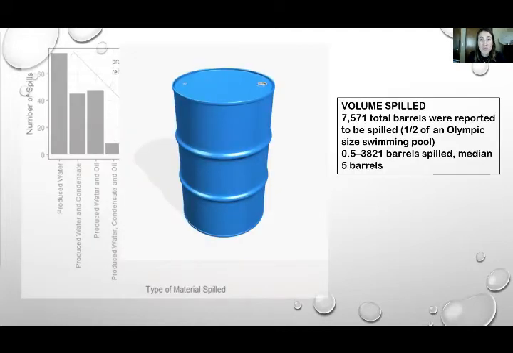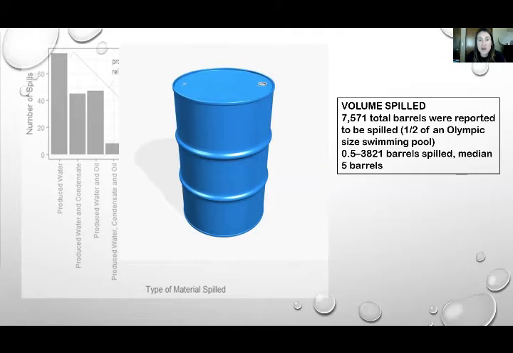And so remember I said that a barrel of produced water is 42 gallons. So about 7,500 total barrels were reported to be spilled in Weld County during 2015, which equates to about half of an Olympic-sized swimming pool. Whew, that's quite a lot. And there was a wide range of barrels spilled at sites.